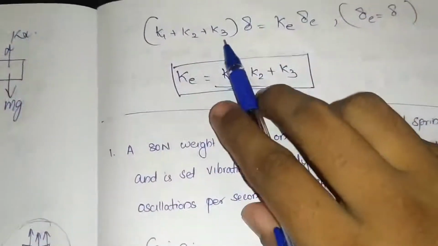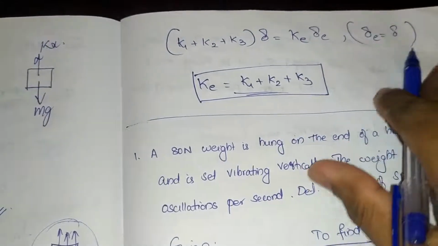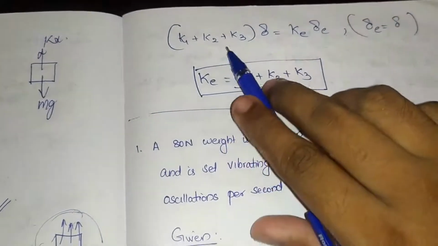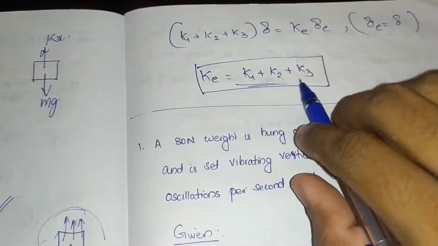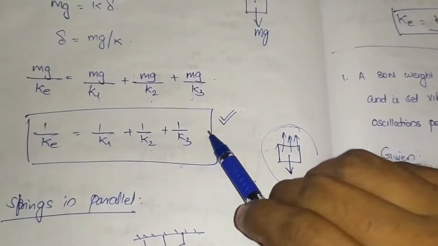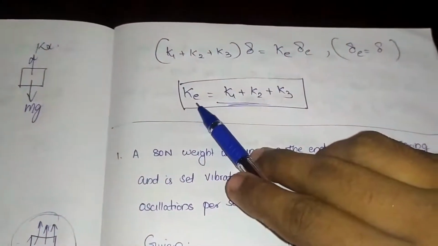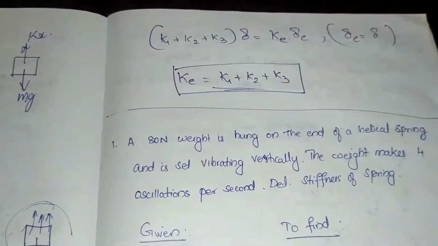So (K1 plus K2 plus K3) into delta is equal to Ke delta E. We know that delta E is equal to delta, so Ke is equal to K1 plus K2 plus K3. So when springs are connected in series, it is 1 by K1 plus 1 by K2 plus 1 by K3, and when they are connected in parallel, the effective stiffness is K1 plus K2 plus K3.